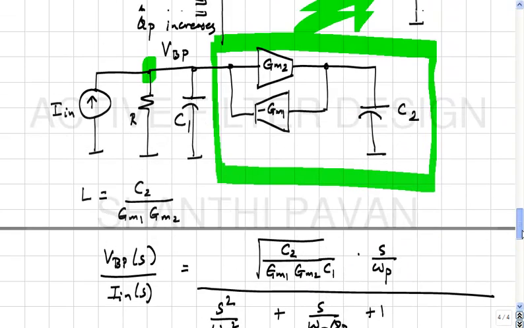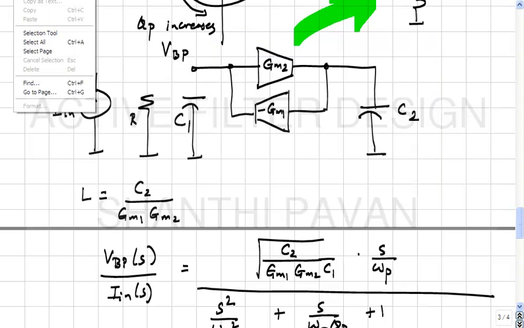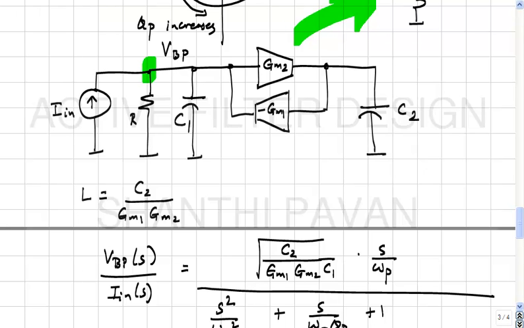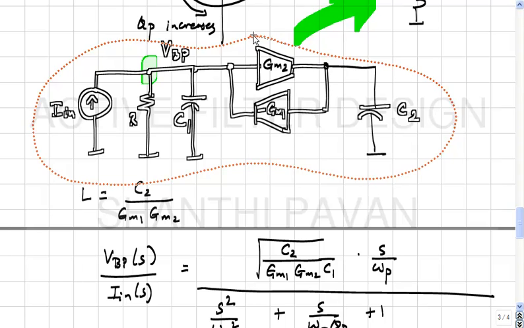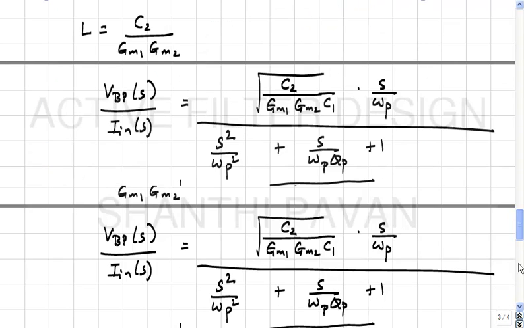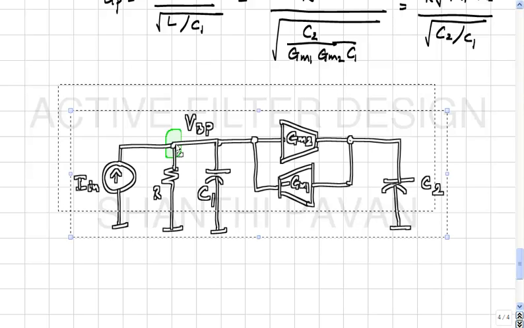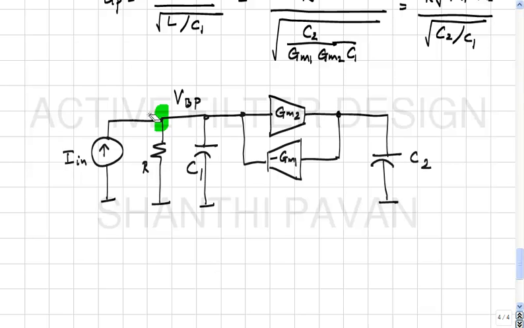So the next thing is to say, hey, everything here seems to be control sources and capacitors other than this character here, right?